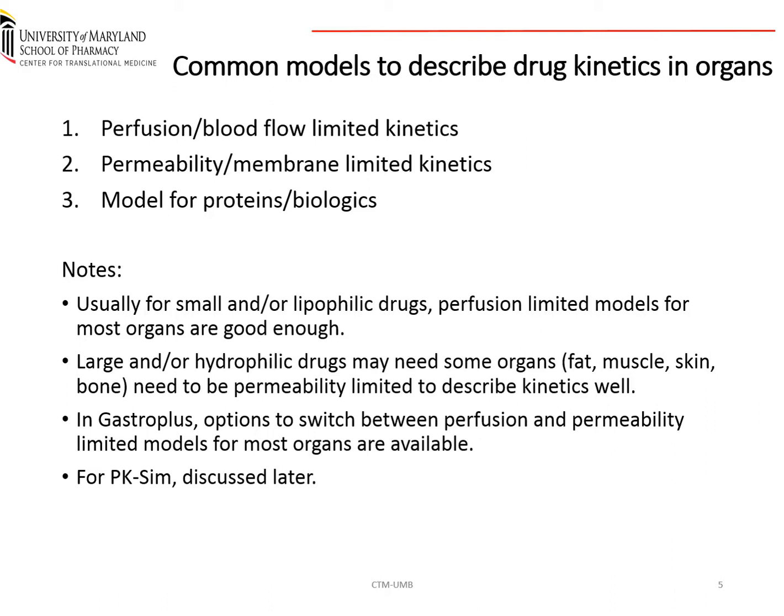Now, there are two main types of tissue parameterization known as the perfusion limited kinetics or the permeability limited kinetics to describe your drug kinetics within the organ. So we are going to understand what those two types are in the upcoming slides.